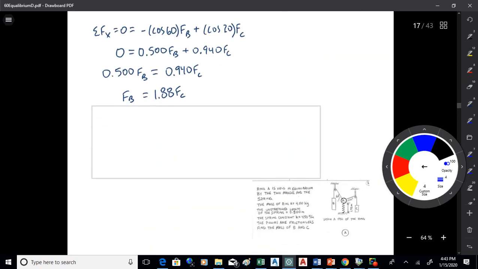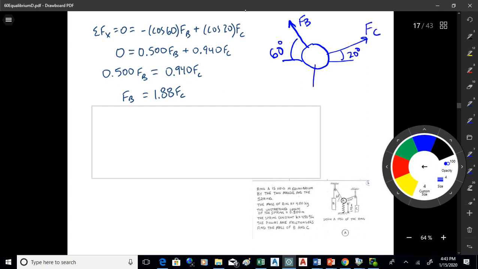So there's my sum of Fx equation. What I've got is the ring, and I have these two forces at angles. I've got a 60-degree angle for the unknown FB, and a 20-degree angle for the unknown FC.